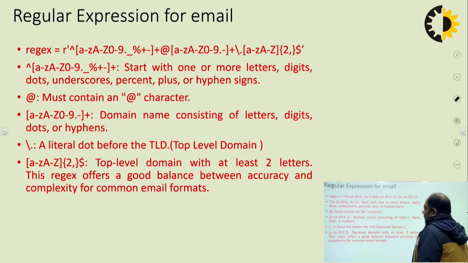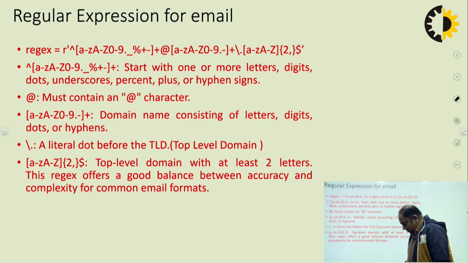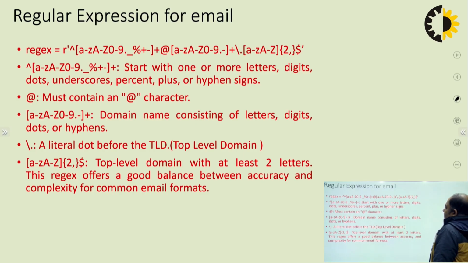Now it is for email. Let us understand what the email regular expression does. We start with our quotes. Then we use a square bracket for defining A to Z, 0 to 9, dot, underscore, percent, plus and minus, then plus.